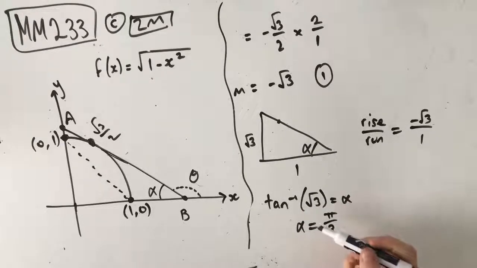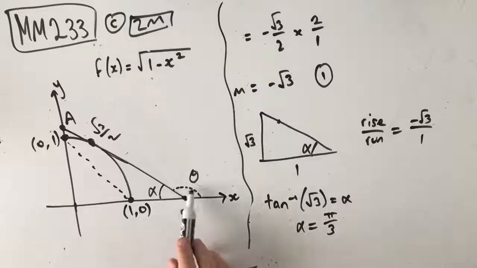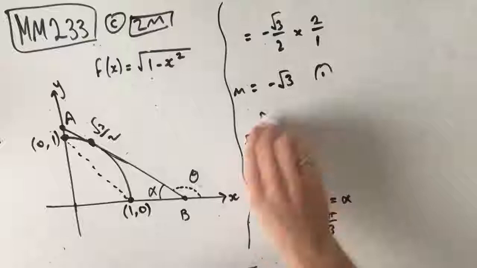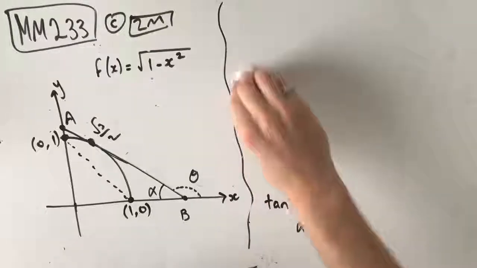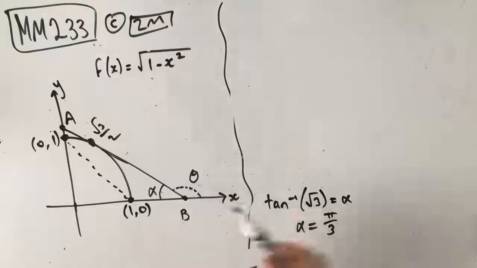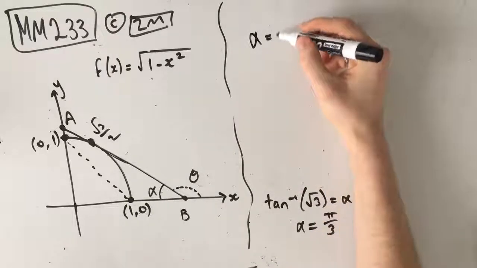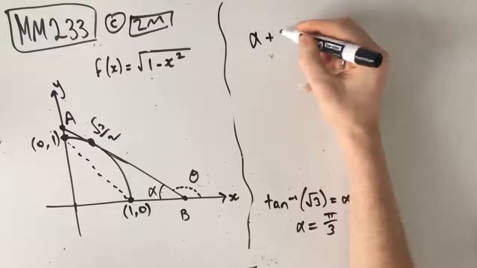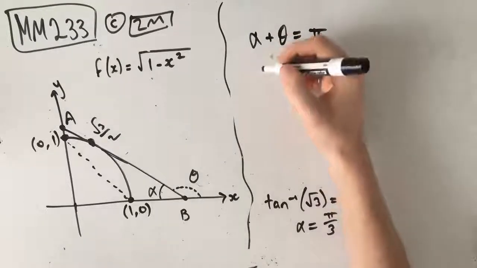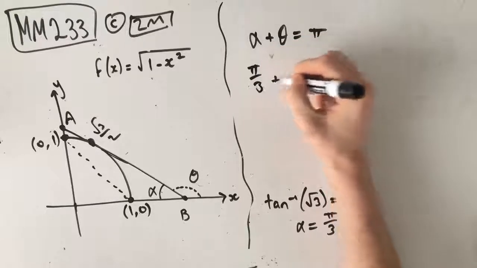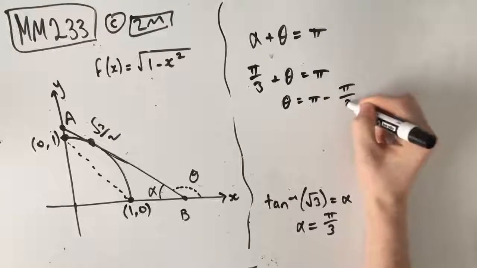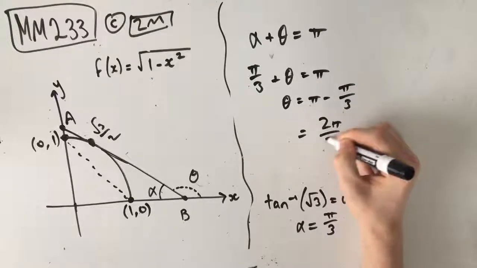But we're not finished yet, because we've found this inside angle and not this outside angle, theta, which means because our x-axis is a straight line, alpha plus theta has to equal 180, or pi. We know that alpha is pi on 3, so pi on 3 plus theta equals pi, which means that theta is pi minus pi on 3, which equals 2 pi on 3.